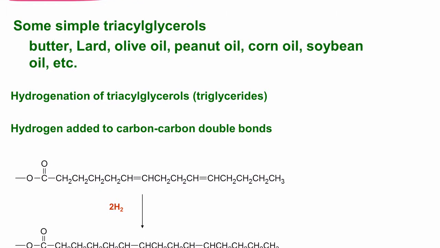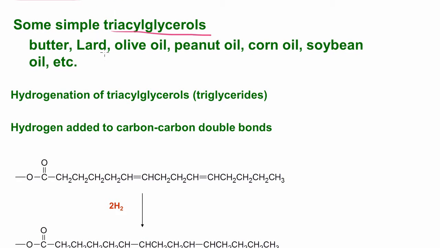little bit later. Some simple triacylglycerols that we're all familiar with are butter and lard. Butter and lard are saturated, so those are going to be solids at room temperature. Then we have our olive oil, peanut oil, and our other oils. We can react triglycerides, or triacylglycerols, with hydrogen.